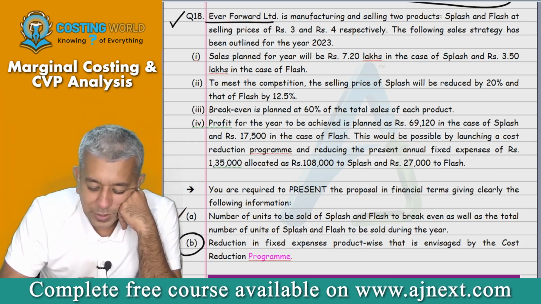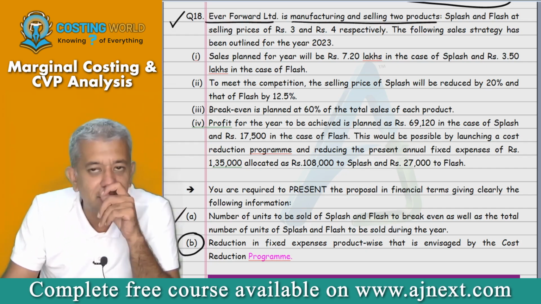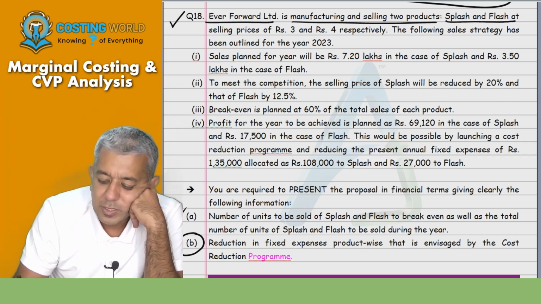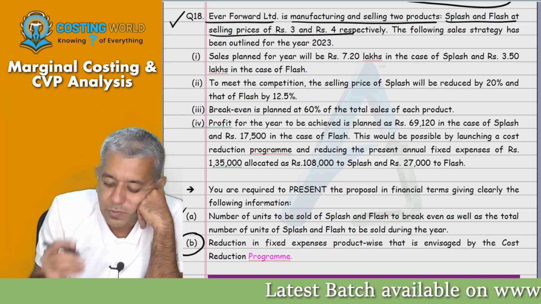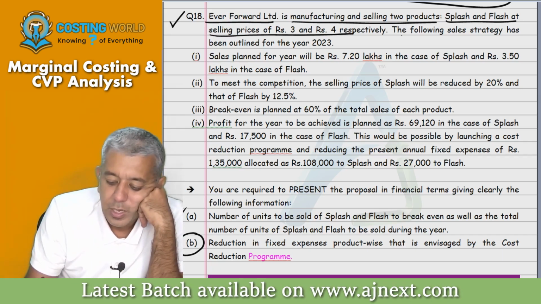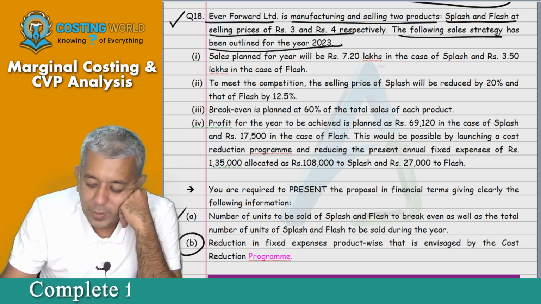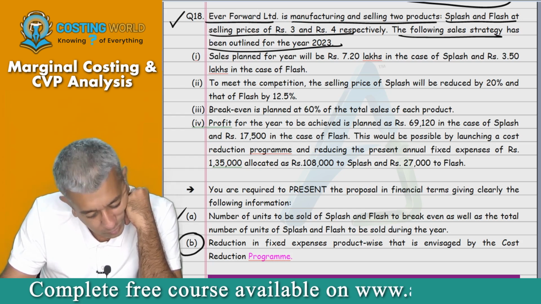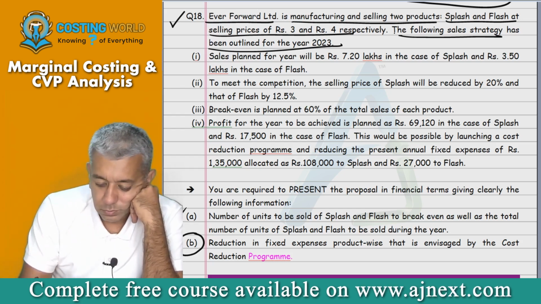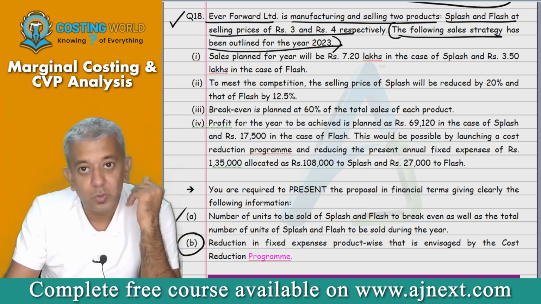Ever Forwards Limited is manufacturing and selling 2 products, Splash and Flash, at selling price of 3 and 4 respectively. The following sales strategy has been outlined for the year 2023. Okay. So this is a sales strategy for 2023.